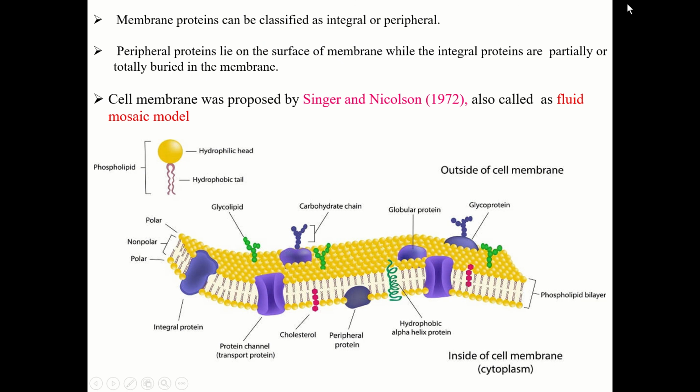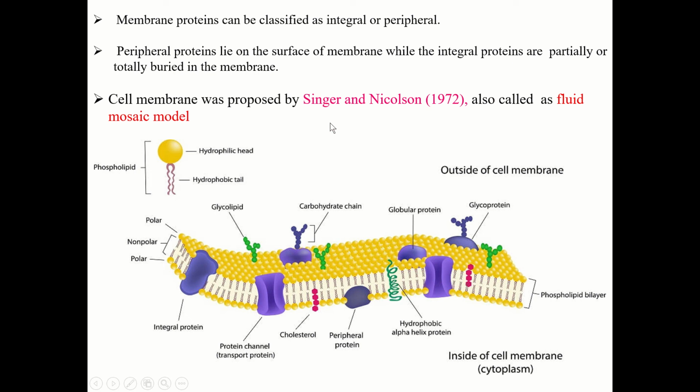Membrane proteins can be classified as integral or peripheral. Integral proteins are those found in between the lipid bilayer, whereas peripheral proteins are present on the outside of the polar head. Peripheral proteins lie on the surface of the membrane, while the integral proteins are partially or totally buried in the membrane.